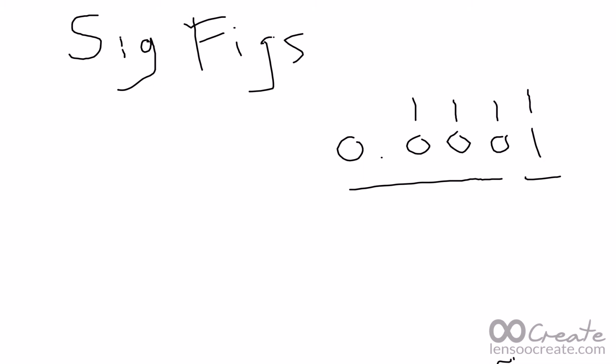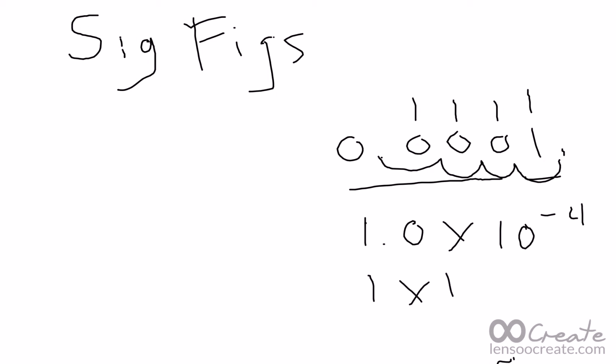So this could really be written in scientific notation as 1 times 10 to the negative 4, because if I move the decimal over, I get 1, 2, 3, 4 places, and then I have the 1 there.